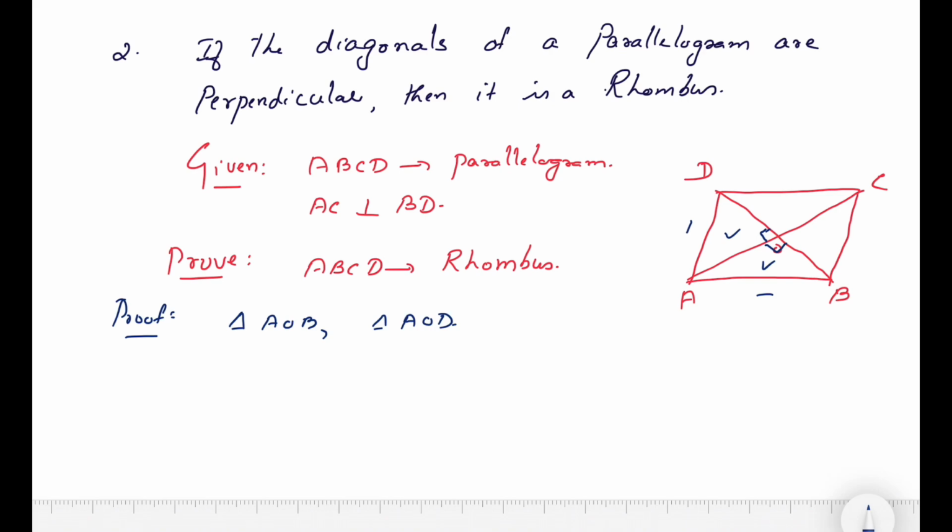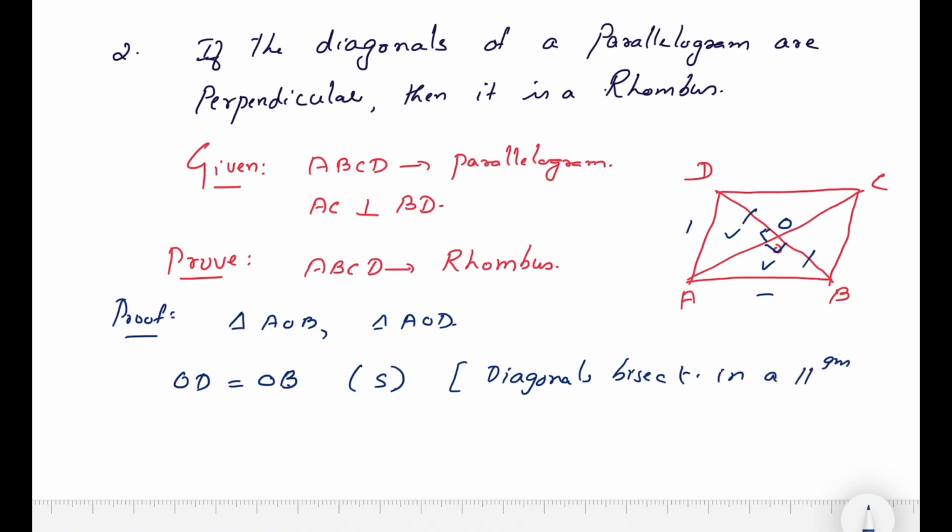We know this is O. So OD equal to OB, side. The reason is the diagonals bisect each other. So these two will be equal in a parallelogram. Diagonals bisect each other in a parallelogram. So OD equal to OB.